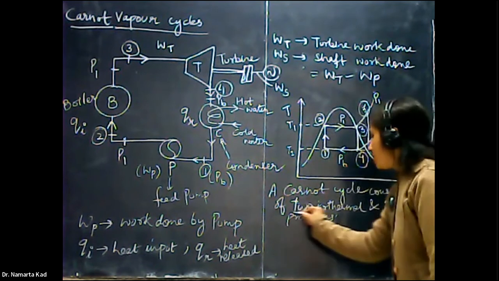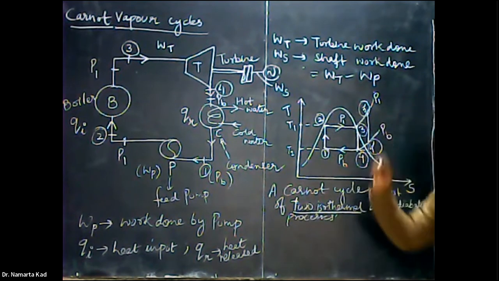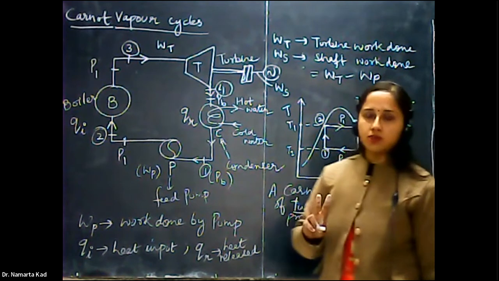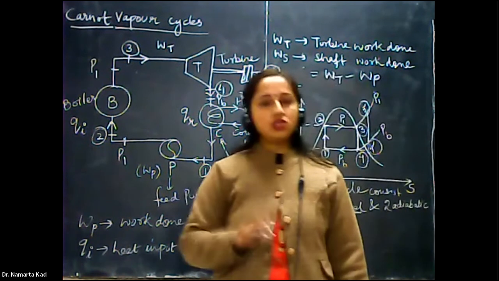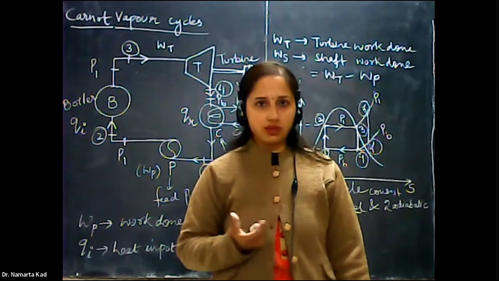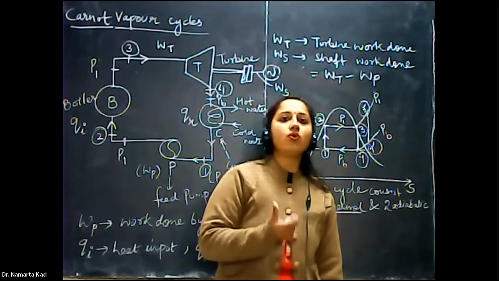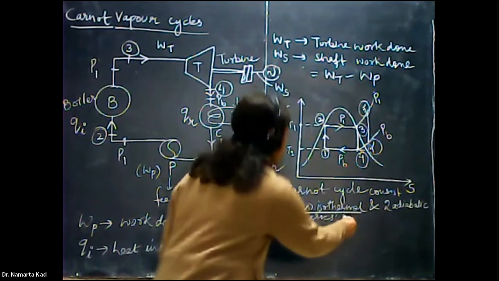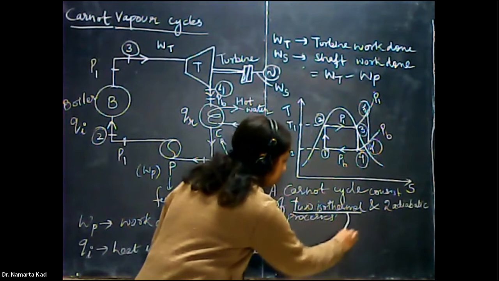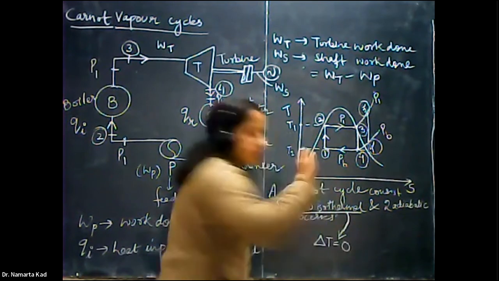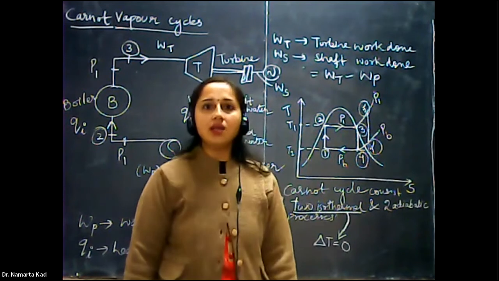That means in the Carnot cycle there are two isothermal processes. Two isothermal processes means the temperature remains constant in that process. There is no change in the temperature, that is delta T is equal to 0. What is it for the isothermal process? For an isothermal process, delta T is equal to 0. There is no change in the temperature.